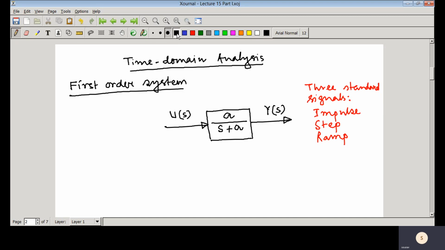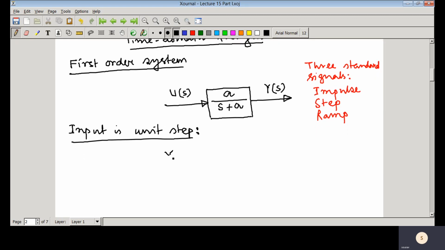So suppose input is unit step. In that case, the output Y(s) is equal to a divided by s plus a into U(s). In this case, U(s) equals 1 by s, so that would be the output.